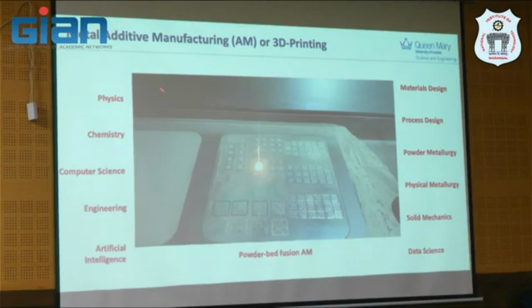So you may need to understand physics or multi-physics phenomena in the process. You may want to understand, as I mentioned earlier, about chemistry, what is happening during this interaction. And you may need to use some sensing or data science here to collect some data in real time.